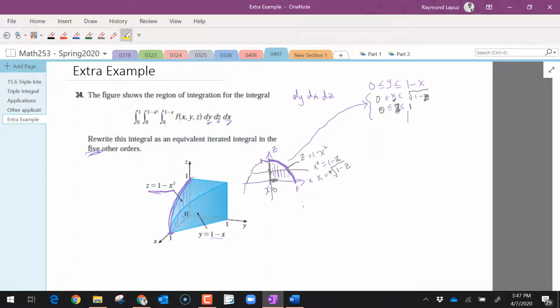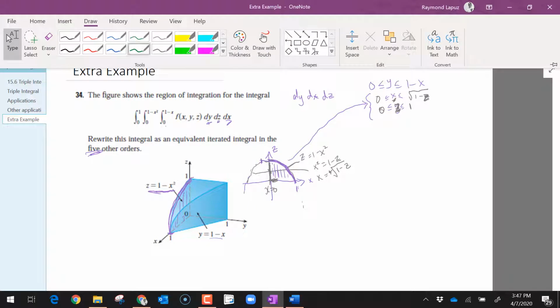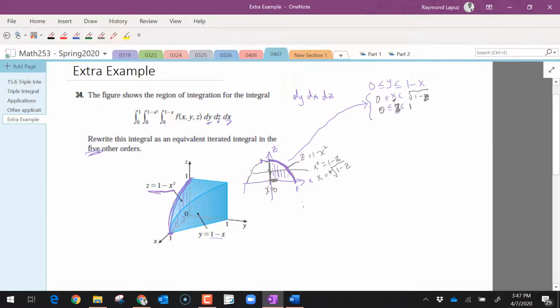Now I have my integral in this particular order: the triple integral of the generic function, with dy going from 0 to 1 minus x, then dx going from 0 to the square root of 1 minus z, and then dz going from 0 to 1.